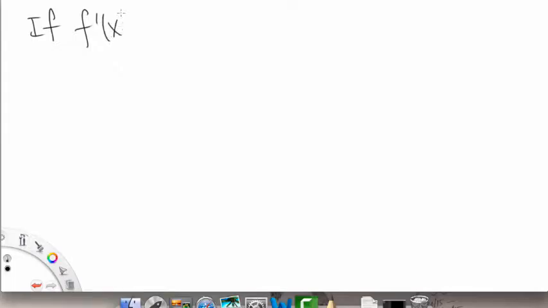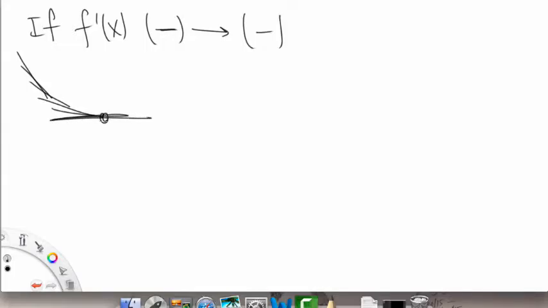Now how about another case? If f prime of x goes from being negative, then turns into 0 at some point, or undefined, and then continues being negative, what does this mean? We have a negative slope, negative, negative, and then at one point it's 0. So this is still a critical point.